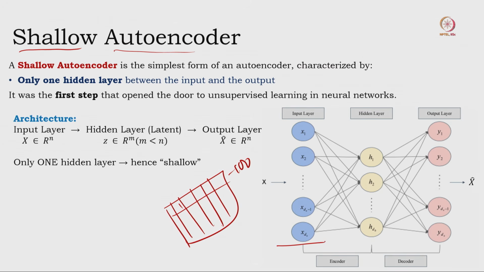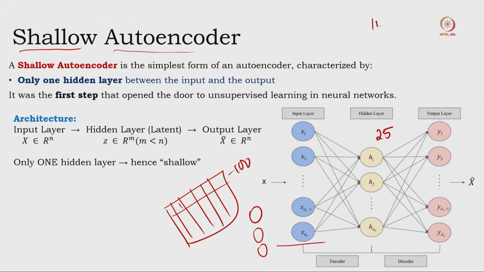These 100 features are passed to the encoder. Here we have only one hidden layer. How many neurons are in that hidden layer? It is a hyperparameter. However many you decide, you will get that many output values. Suppose we decide to have 25 neurons in the hidden layer.